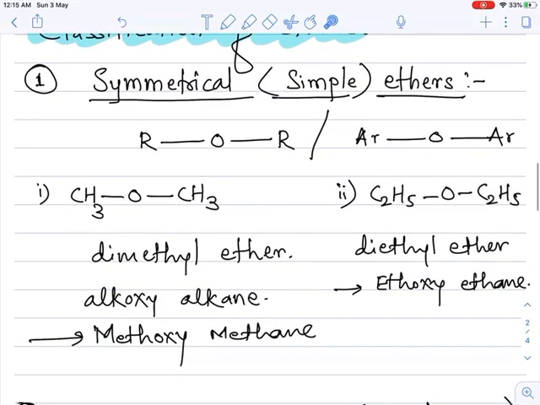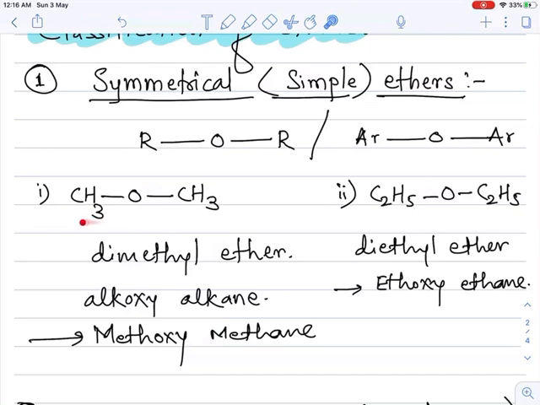If an IUPAC name is given to these ethers, how can we write the IUPAC name for these compounds? One alkyl group is considered as an alkoxy group, and the other is its alkane derivative. Alkoxyalkane means one alkyl group with oxygen, that is methoxy, and one carbon containing alkane, methane.